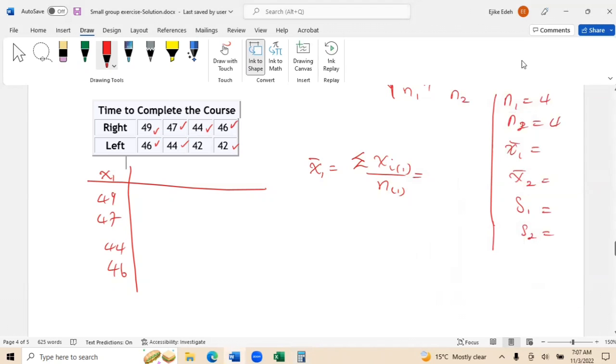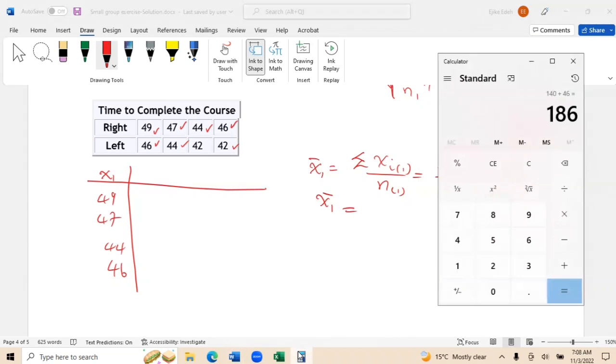So the numerator I have is 186, and of course I'm dividing this by 4. For X1, the mean is 186 divided by 4.